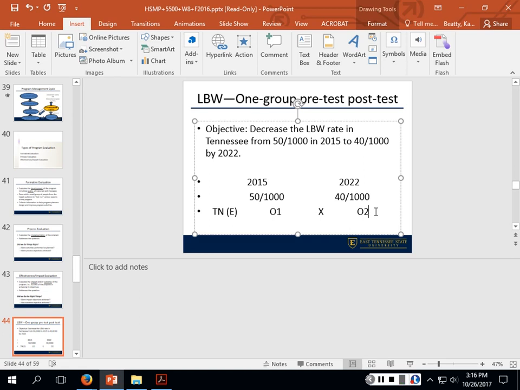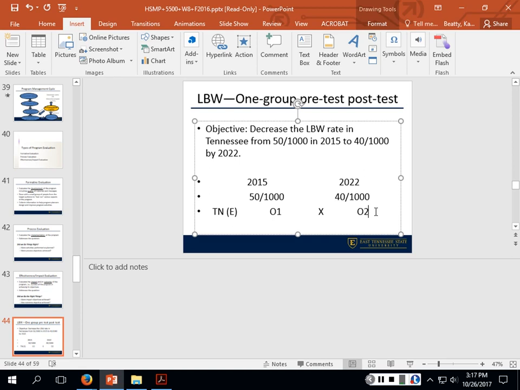There's always that possibility of contamination. You try to limit it as much as possible by selecting a state that's similar in characteristics to Tennessee in the southeast region, but perhaps not in very close proximity to the state of Tennessee.